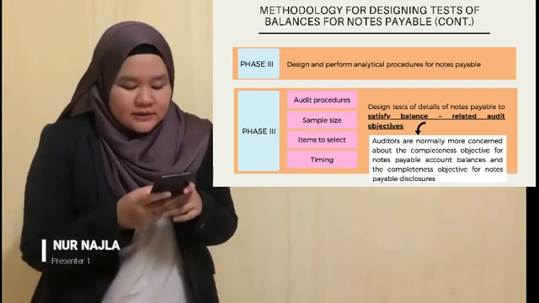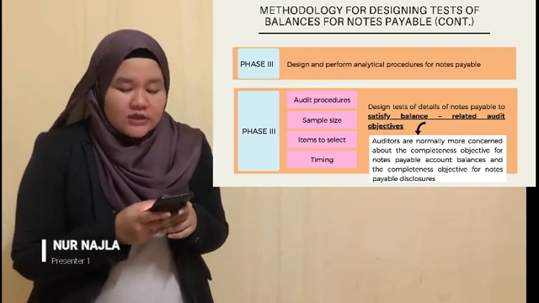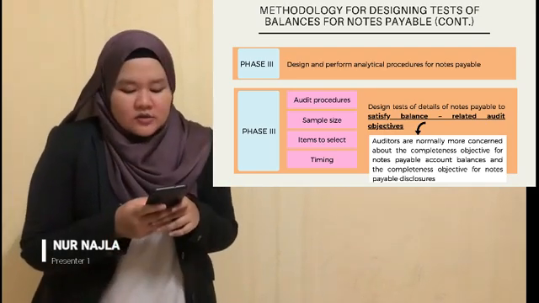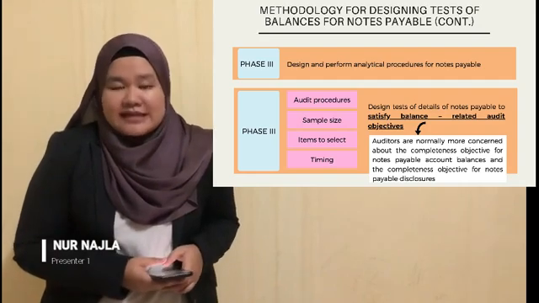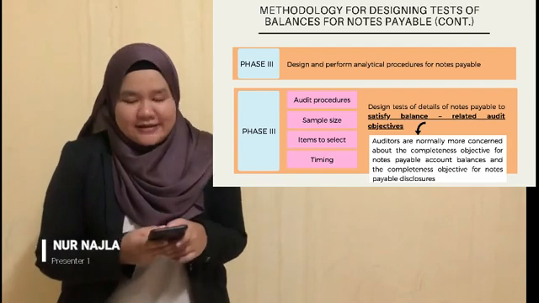For the auditor, it is very important to justify the balance-related audit objectives rather than transaction-related audit objectives, because of the few transactions that occur in the company.